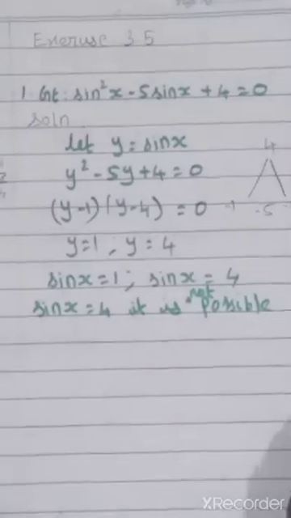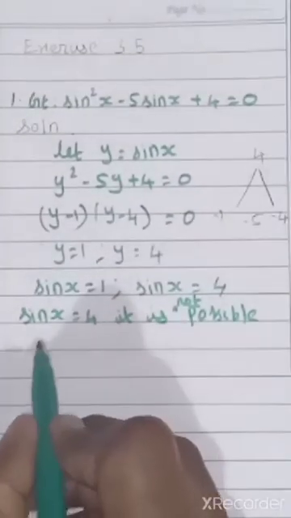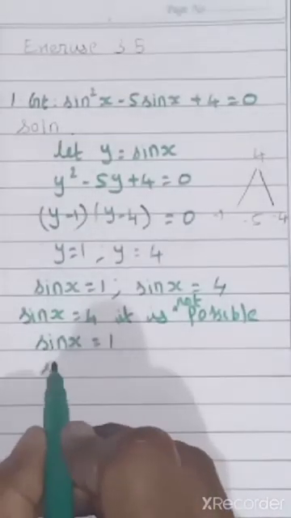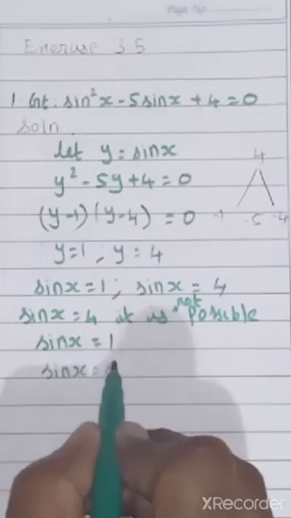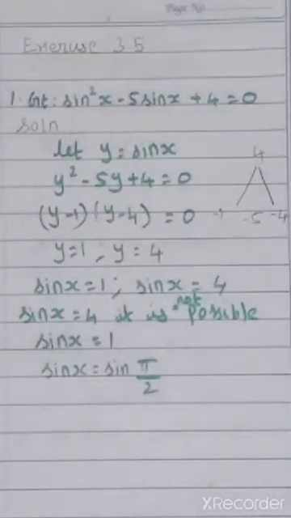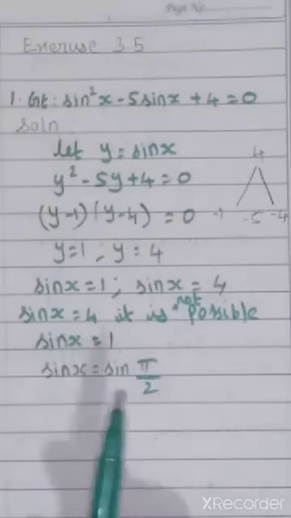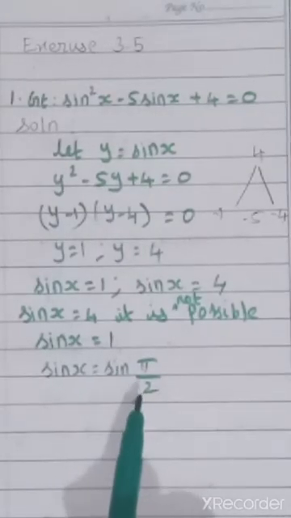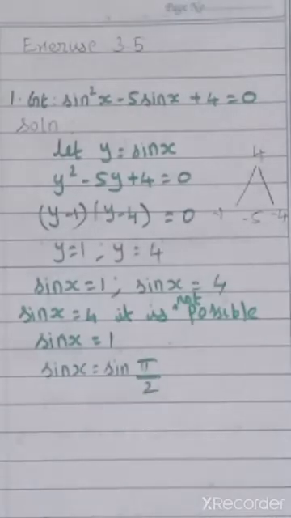Correct? And what will be the next one? Sin x equal to 1. So this 1 can be taken as sin x equal to sin pi by 2 is 1. Correct? So sin x equal to sin pi by 2. Now we have to write down the general value. Actually, whenever 1, you will take it as general term as sin pi by 2, but sin 3 pi by 2, 5 pi by 2, there are many terms are there. No, the value will be 1.